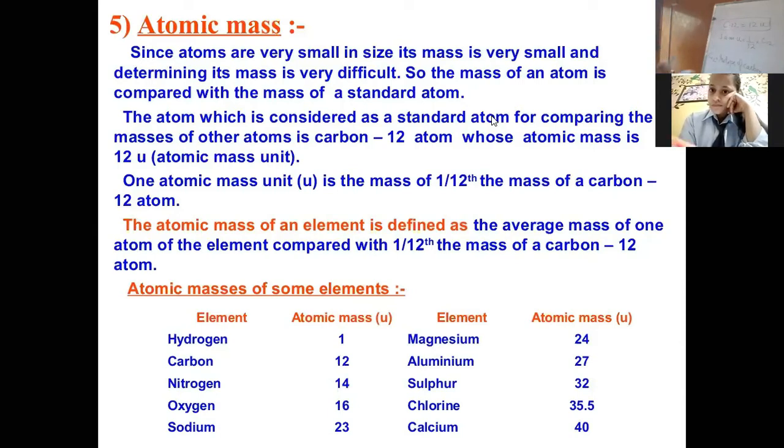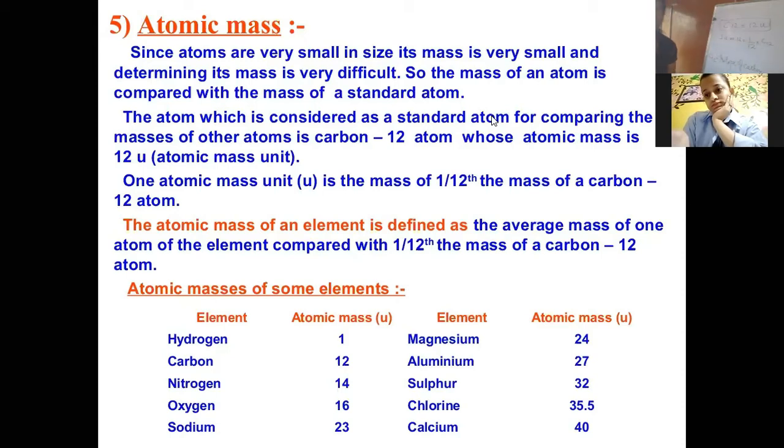So what is one atomic mass unit? Atomic mass unit is defined as 1 by 12th of the mass of an atom of carbon 12. So we can say that 1 AMU is 1 by 12th of the C12, and C12 is the isotope of carbon. Now we have to define the atomic mass of the rest of the elements with respect to this C12.